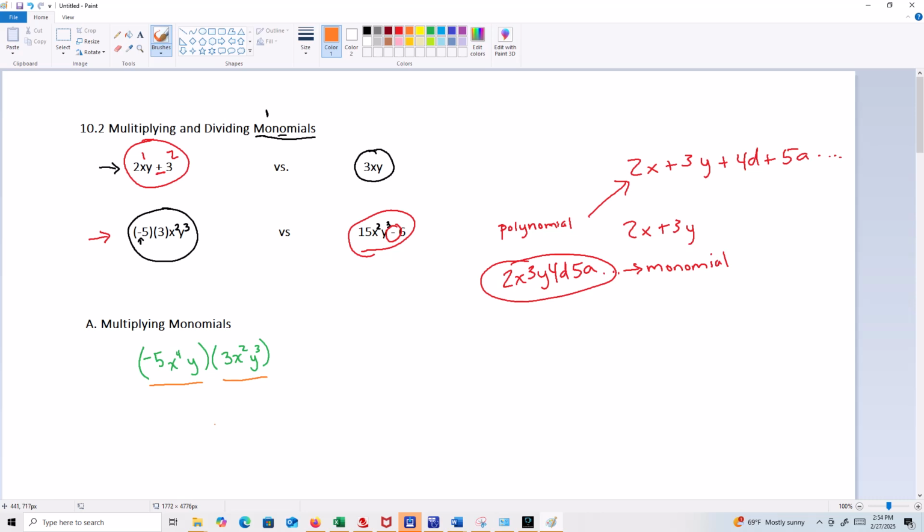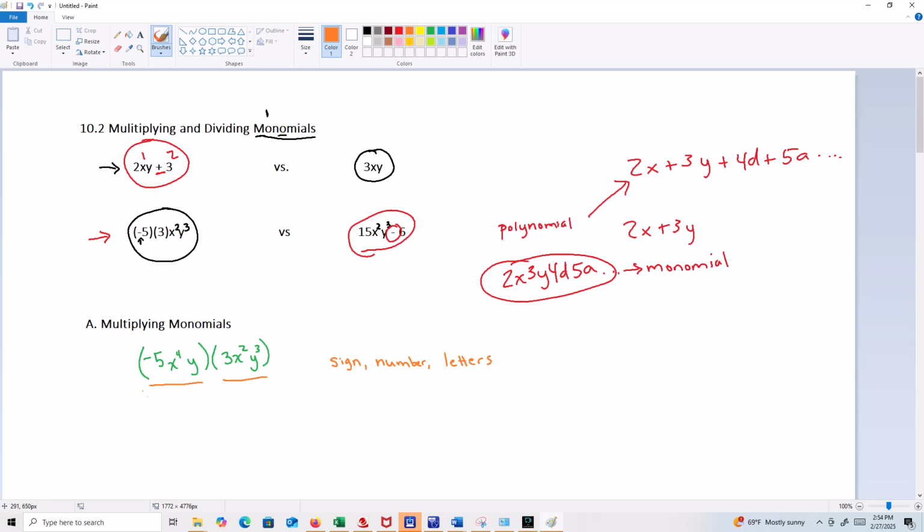Now, to make the process of multiplying monomials simpler, if this is a hard concept for you to understand, you can remember sign, number, letters.